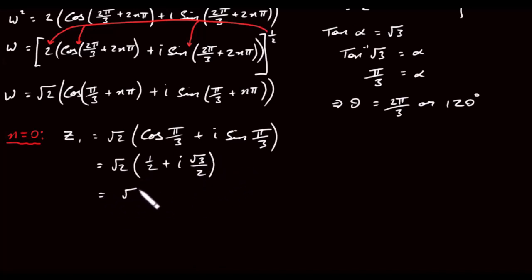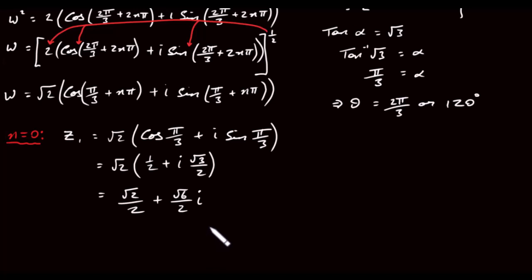We get root 2 over 2 plus I times root 2 times root 3 is root 6 over 2. We could probably just write that as root 6 over 2 i. So there's my first solution when n is equal to 0. Root 2 over 2 plus root 6 over 2 i, that's in the first quadrant.